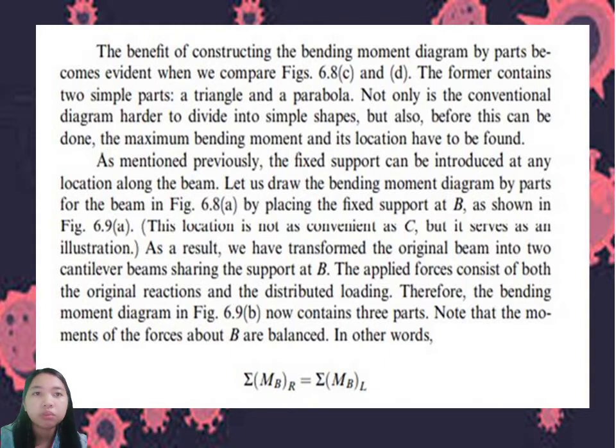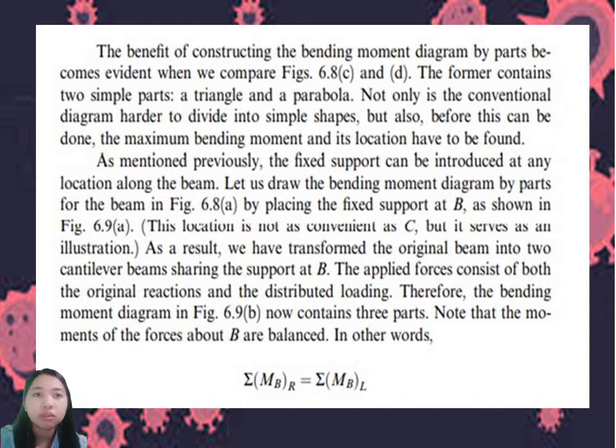As mentioned previously, the fixed support can be introduced at any location along the beam. Let us draw the bending moment diagram by parts for the beam in figure 6.8 by placing the fixed support at B as shown in figure 6.9. This location is not as convenient as C, but serves as an illustration.